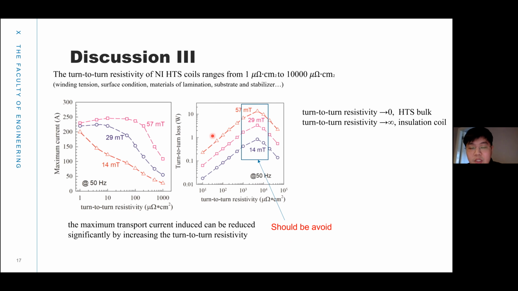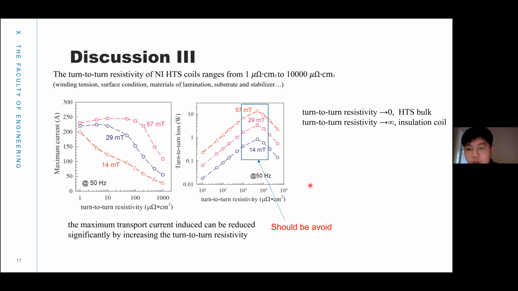From this figure, if the turn-to-turn resistivity goes almost to 0, the coil will be regarded as an HTS bug. The turn-to-turn loss is very small, but the HTS bug is very hard to charge. When the turn-to-turn resistivity goes to infinity, this is an insulation coil, and the turn-to-turn loss is also very small.